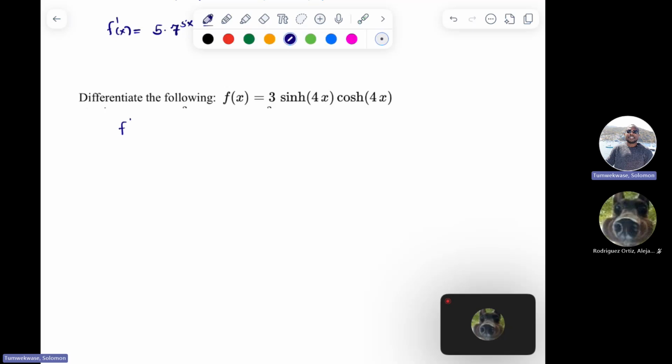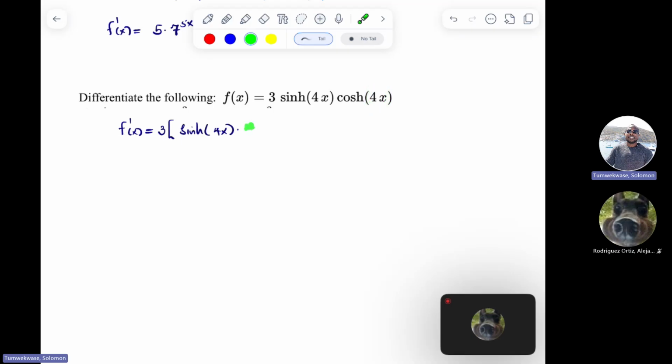So therefore, by product rule, this derivative is 3. 3 is a constant, so I can just keep it. And so by product rule, I hold sine hyperbolic of 4x, and I differentiate cosine hyperbolic of 4x. Now, remember there is some chain rule here. So the derivative of this is sine. I keep the angle, and then times the derivative of 4x, which is 4.